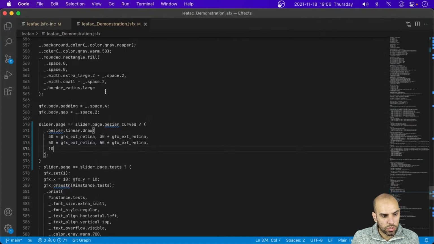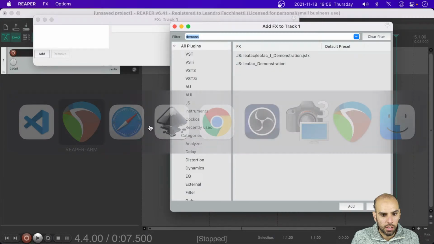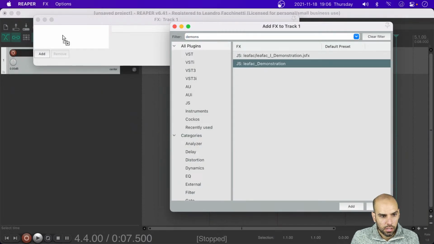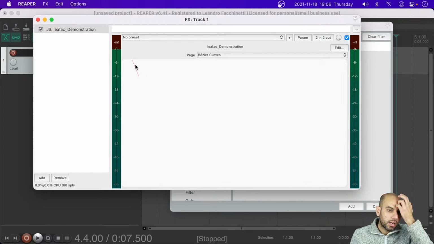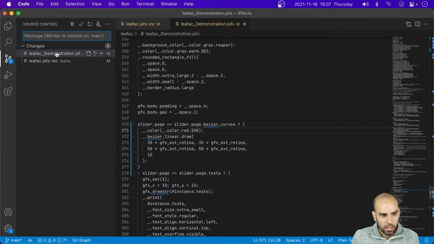Oh, we need also to set the color. Let's do a bright red. Okay, here is a line, and it has been drawn using the Bezier formulas. So fantastic.